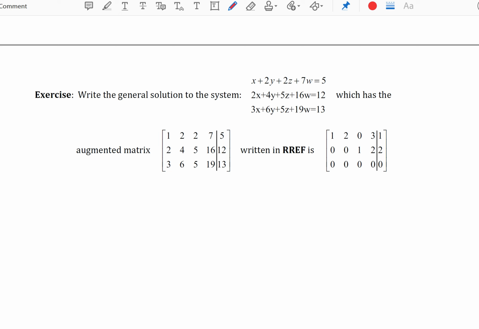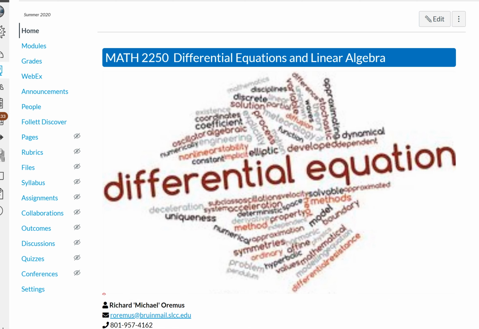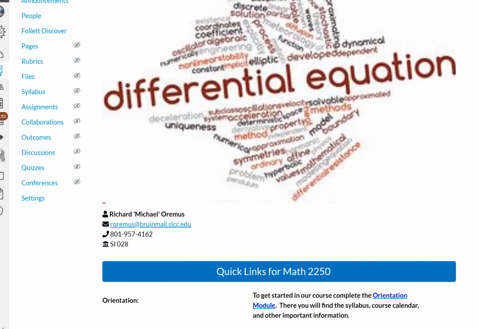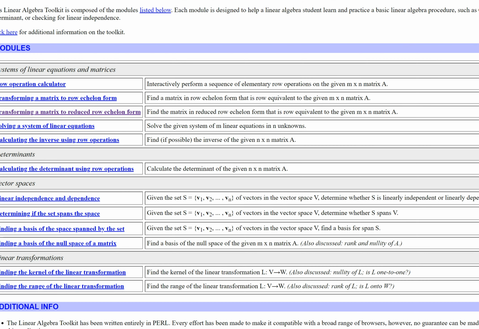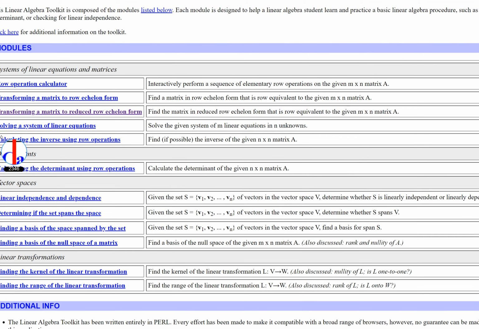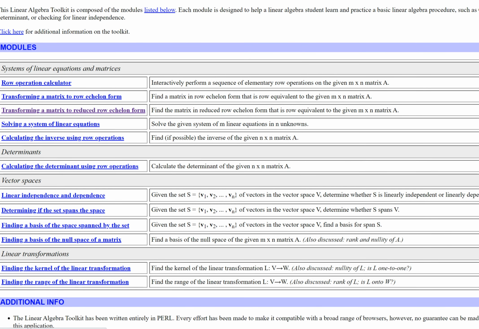And let's go to our Canvas homepage. On our Canvas homepage, if you scroll towards the bottom, you should see a couple of links for software. The one I want to look at is labeled Matrix Calculator. Now, there's a lot of things under this Matrix Calculator, but I want to grab the one that says Transforming a Matrix to Reduced Row Echelon Form.